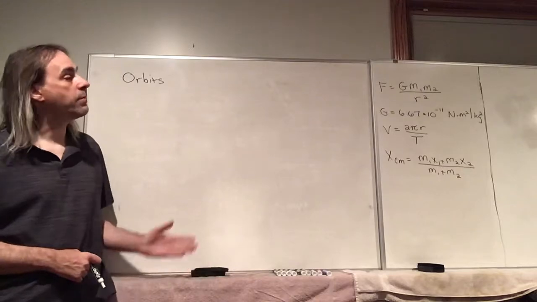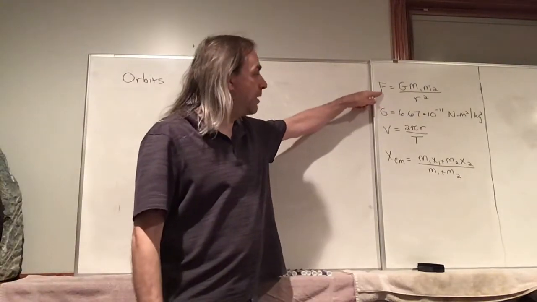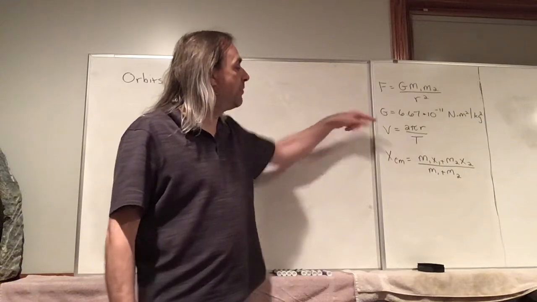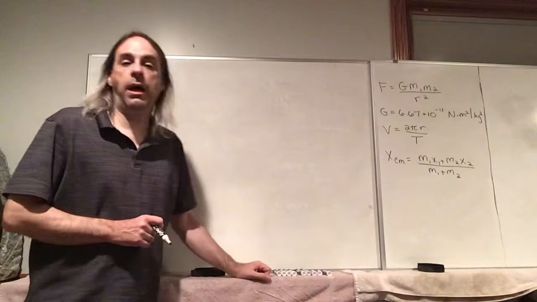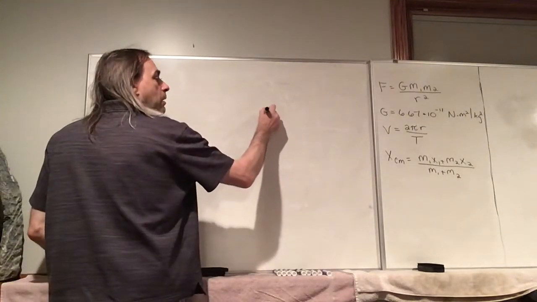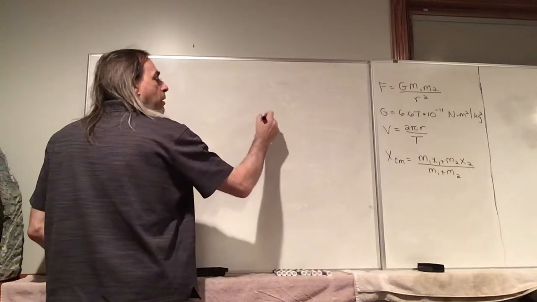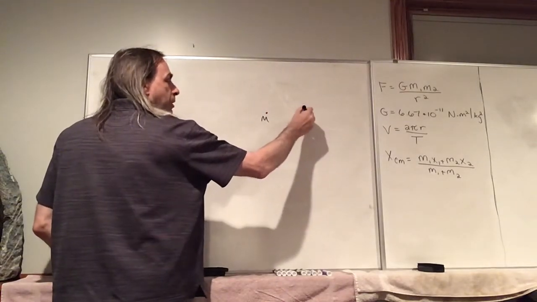Okay, so I wrote down a few things off to the side. Here's Newton's law of gravity, and that's a constant. We're going to consider a special type of orbit, where we have one very massive object and one much smaller object.